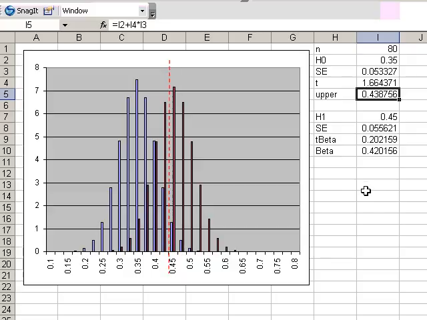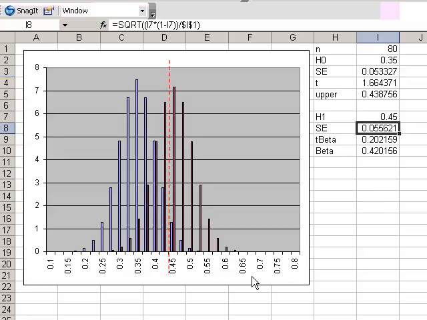Now, in order to find the value of beta, we are assuming that the alternative hypothesis of 0.45 is true. Therefore, the distribution around 0.45, represented by the purple, will have the standard error appropriate to a true value of 0.45, or 0.0556, which is slightly larger than the standard error for a true mean value of 0.35.